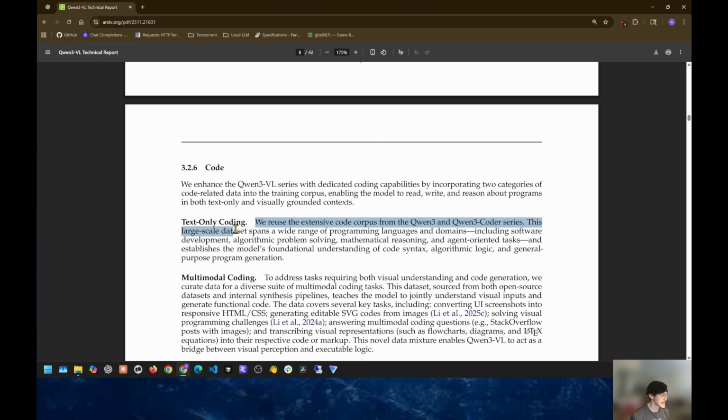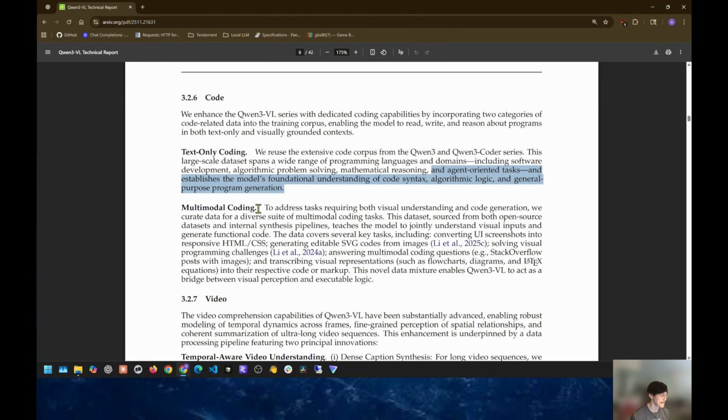This large-scale dataset spans a wide range of programming languages and domains, including software development, algorithmic problem-solving, mathematical reasoning, and agent-oriented tasks, and establishes the model's foundational understanding of code syntax, arithmetic logic, and general-purpose program generation.